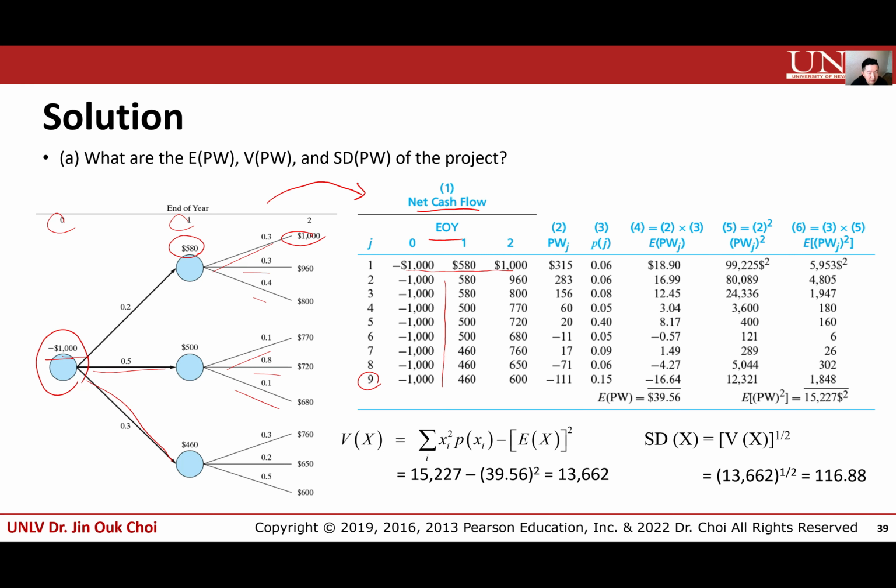In the second row, minus 1,000, 580, 960, and also 800, 770, 720, 680, 760, 650, and so on and so forth. Of course, in the middle, there's a 500, and also there's a 460.